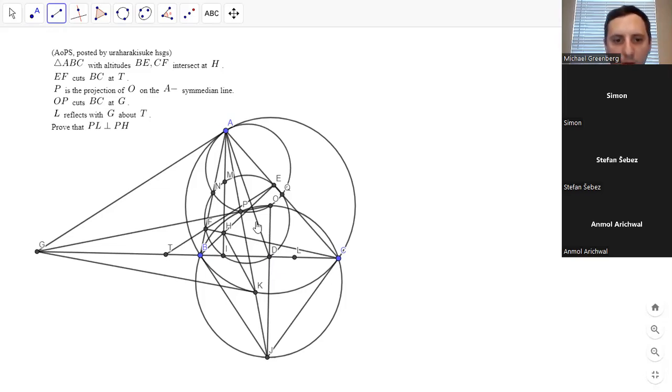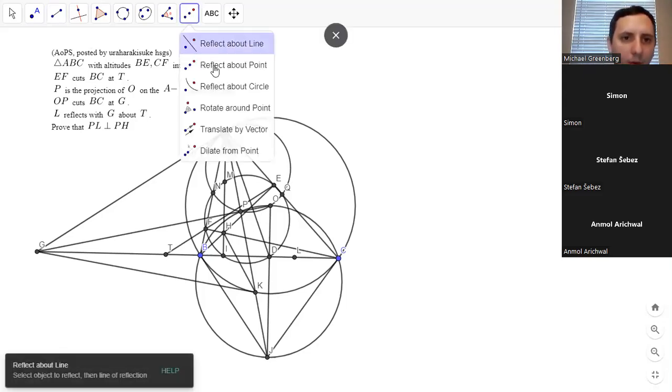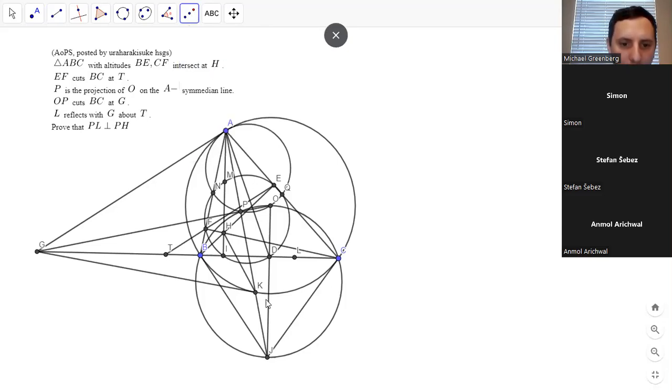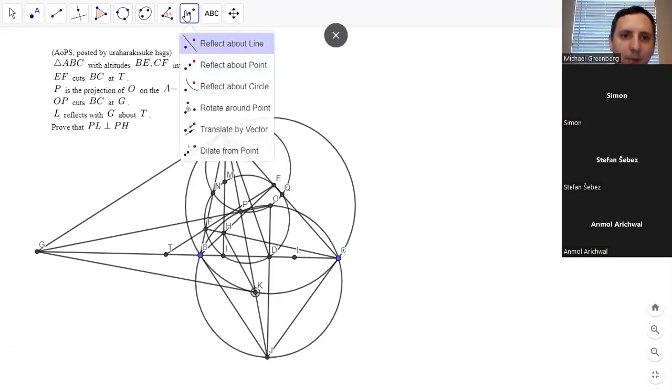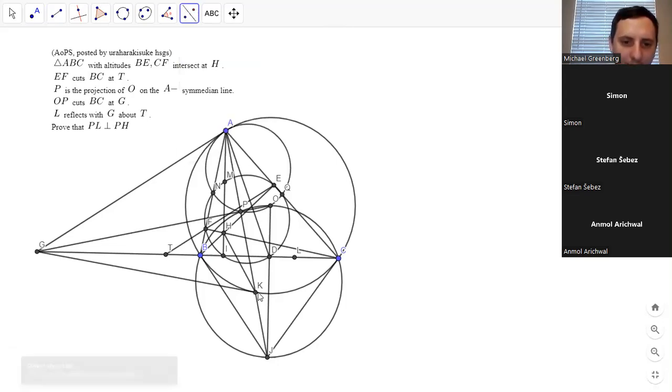It may help since that point is also the reflection of K over BC. Oh, good point. And also that point is the isogonal conjugate of P. Yeah, the Humpty and Dumpty points are isogonal conjugates.